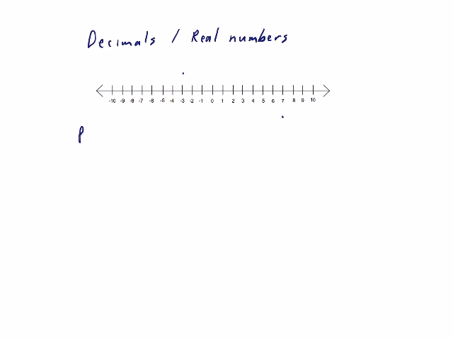So we had real numbers, and real numbers could be subdivided into rational numbers and irrational numbers. An example of a rational number would be 2/3. An example of an irrational number would be the square root of 2, or we also used pi.